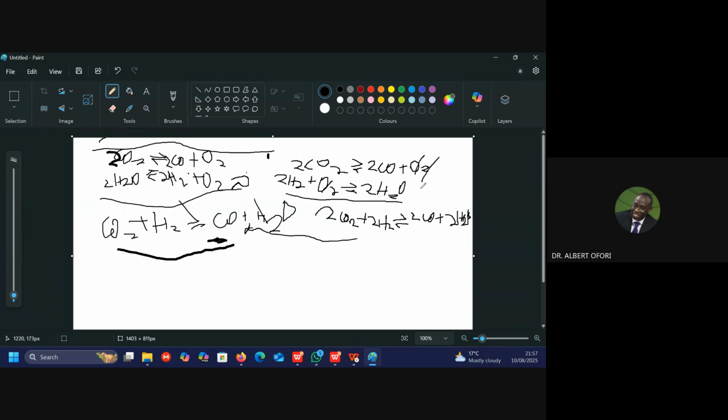Now, if it was reversed, then the new K here is going to be equal to 1 over the old K. So let me put this as new K2 is going to be 1 over the old K2. You remember we established that relation.